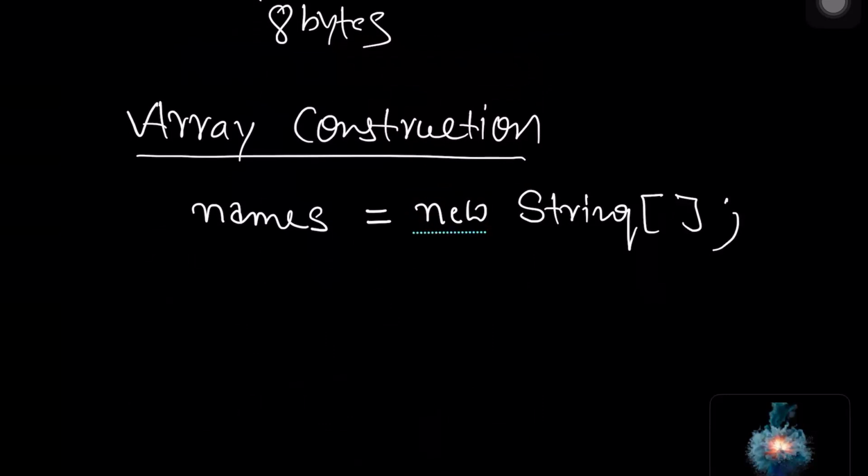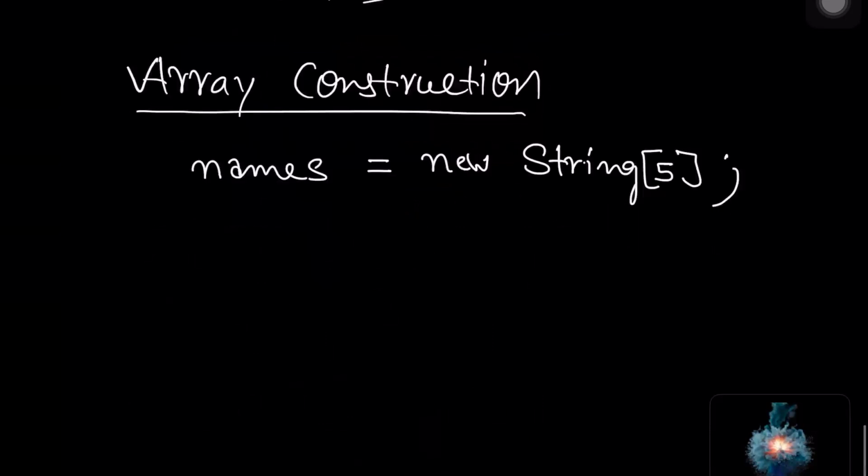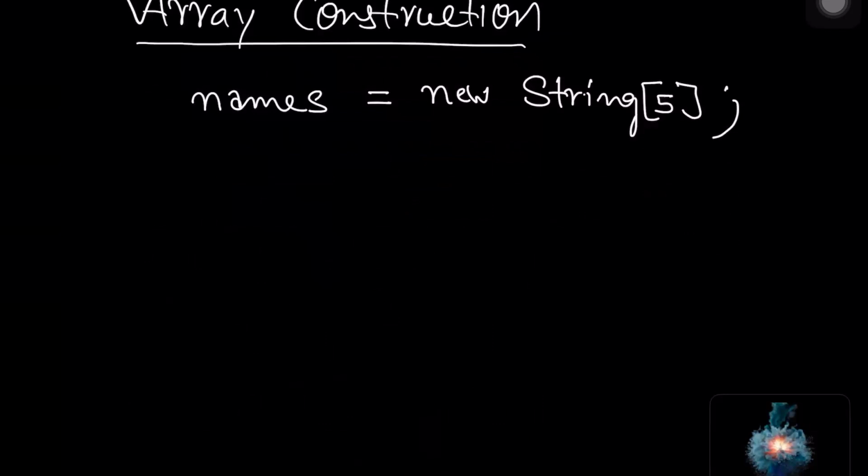You cannot leave this one blank. So which size of array do you want to create? Let us mention 5. When I mention 5, what exactly happens over there? The first thing you will see is that one memory address will get allocated, which takes 8 byte of memory, and its name is names.